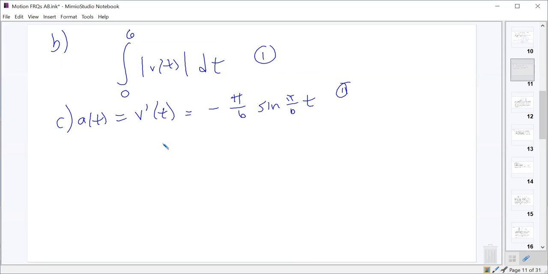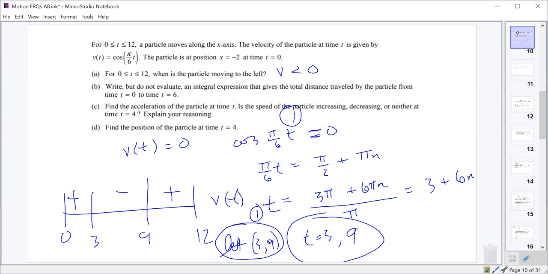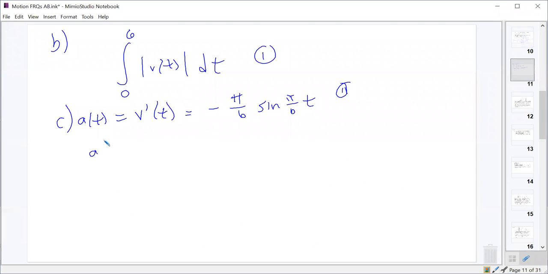And then they want us to find if the speed is increasing at t equals 4. So we'll look for a of 4, which is negative pi over 6 sine of 4 pi over 6, so 2 pi over 3.